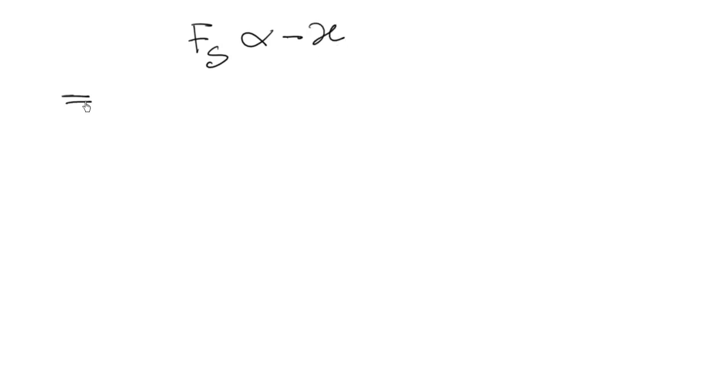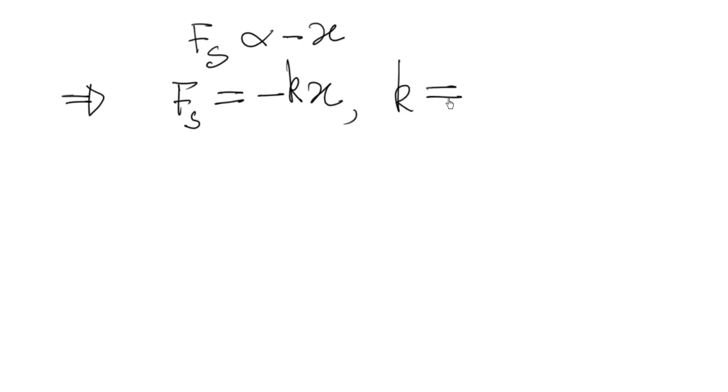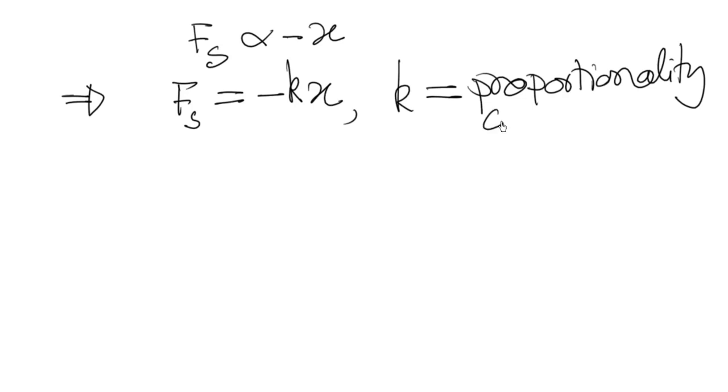If we put an equal sign, then it will be minus kx, where k is the proportionality constant, known as the spring constant.